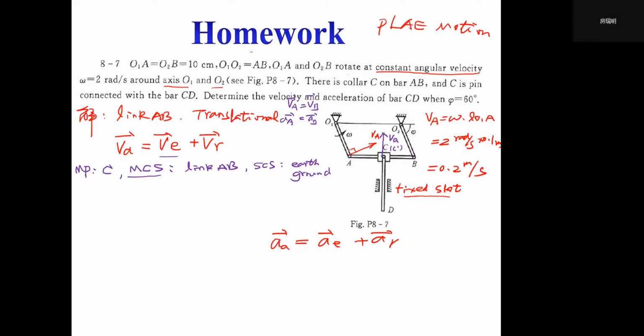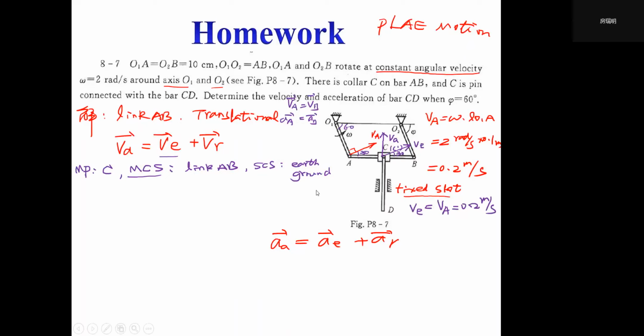Because this is 60, and this is 60, here is 120 degrees. Because here is perpendicular, we only have 30 degrees here. Then we can use this orientation and draw like this, this is VE. Our VE will have a 30 degree angle from the horizontal line AB, and its magnitude will equal VA, which is 0.2 meter per second, right?